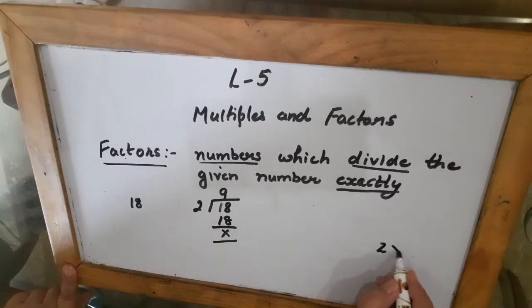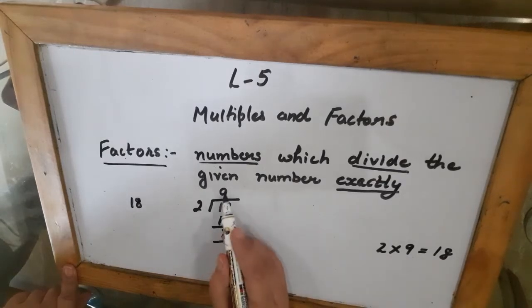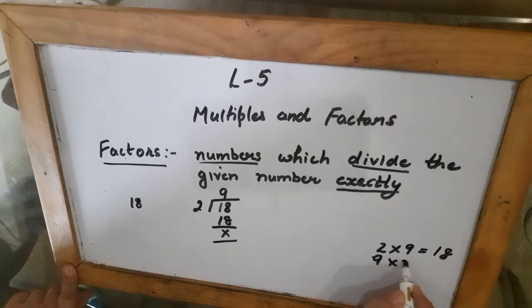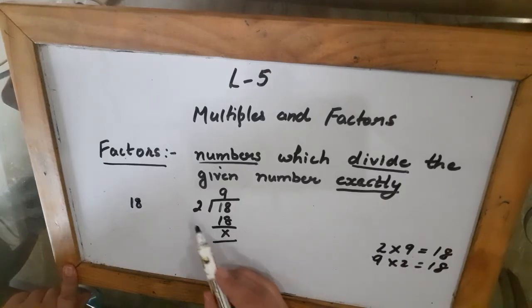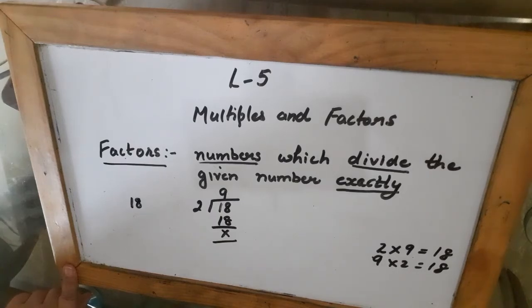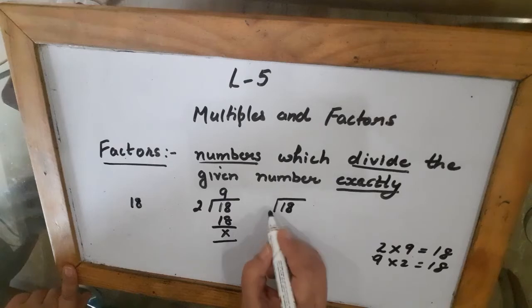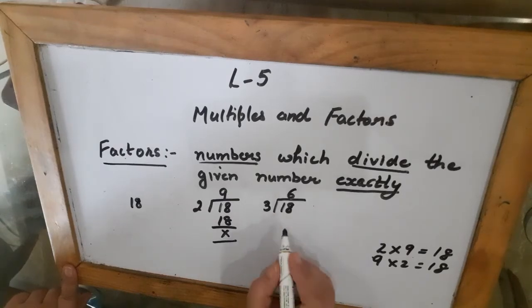So I can say 2 nines are 18, or otherwise also 9 twos are 18. So both 2 and 9 are the factors of 18. Now if I divide this number with 3, 3 sixes are 18.